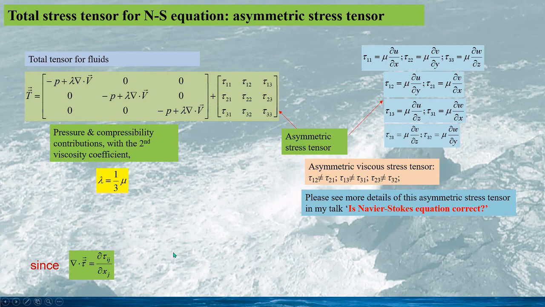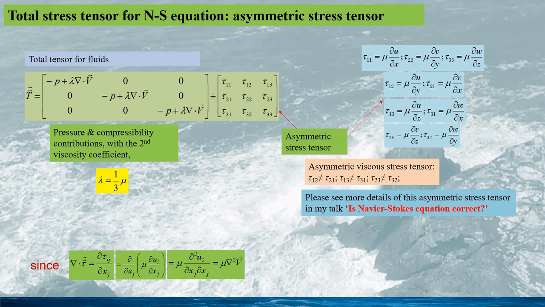Using the summation expression for the divergence of the viscous stress tensor and the definition of the stress tensor component, we can have this, and we can obtain the expression as this. Write it back to the vector form.